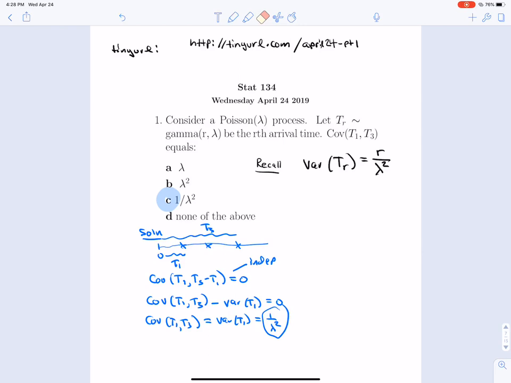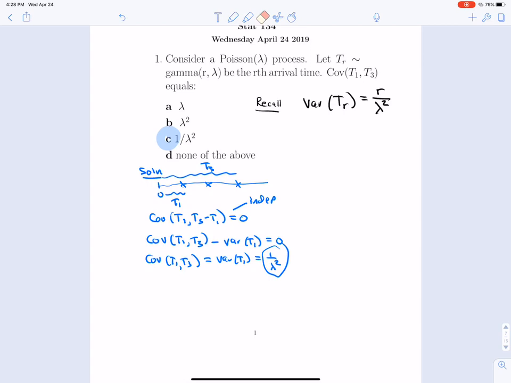So the covariance of that will be 0, and then by the bilinear properties, we have the covariance of T1, T3 minus the variance of T1 is 0, and then solving for that, we have the variance of T1 is 1 over lambda squared using the formula above. So we have the covariance of T1, T3 is 1 over lambda squared, so it's C.